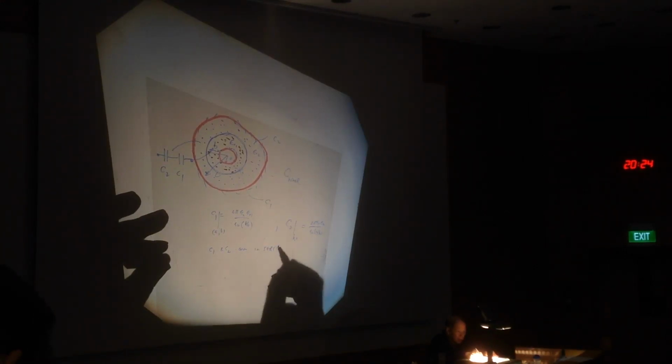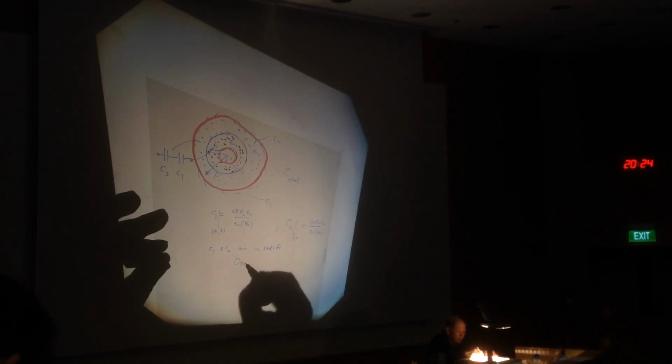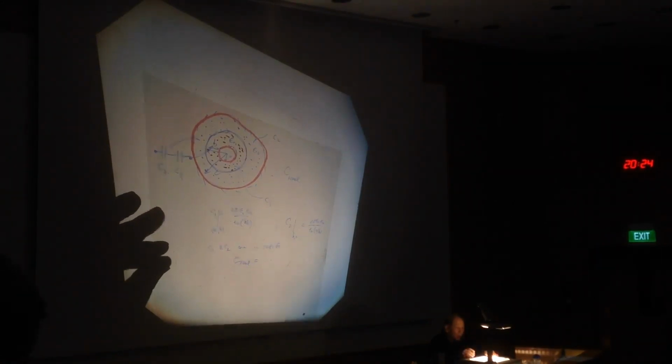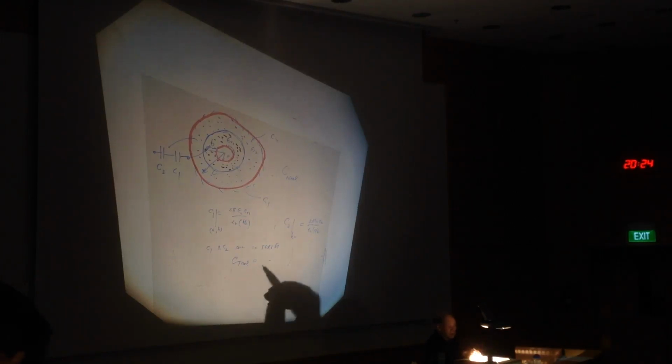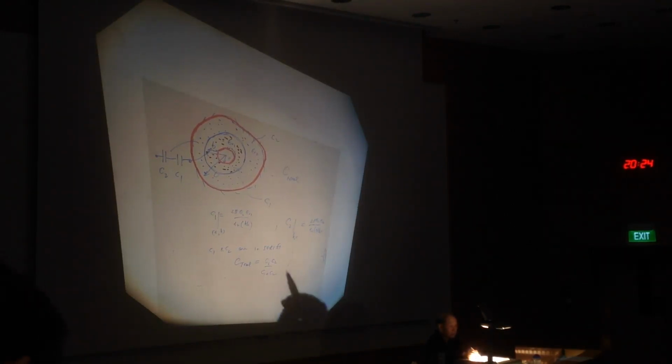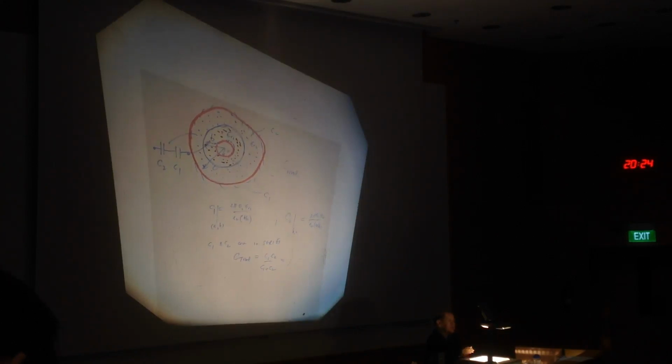So you make your own total. Capacitors in series follow the formula like resistors in parallel. So for two of them, 1 upon C1 plus 1 upon C2 becomes C1 C2 over C1 plus C2, right? You understand?